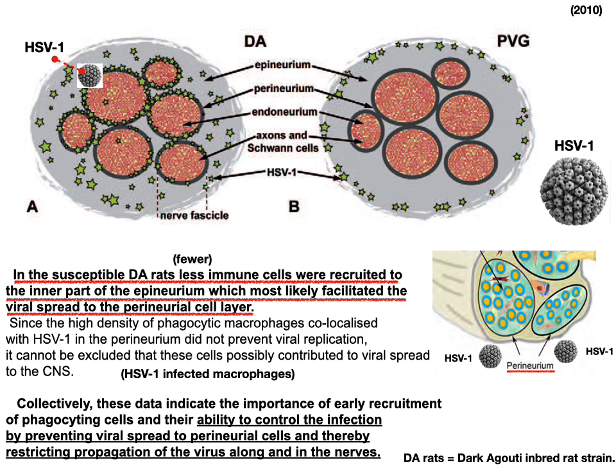Again, the perineurium, illustrated here, is the dark outline around the fascicles of axons inside the nerve. Those areas are more highly infected in the DA rat, its trigeminal nerve, compared to the PVG rat strain.